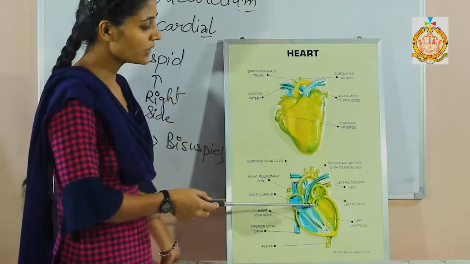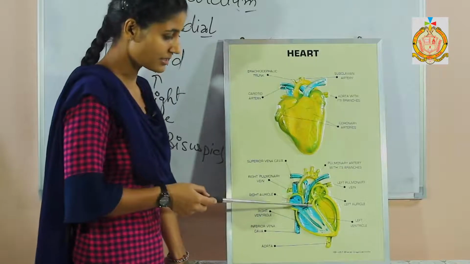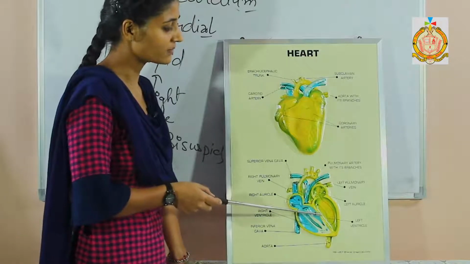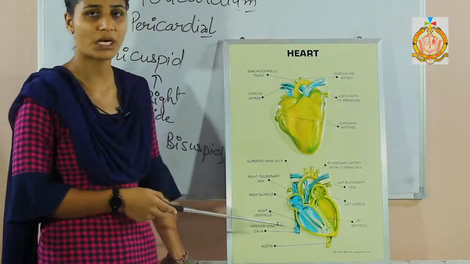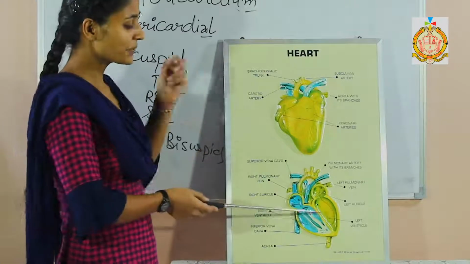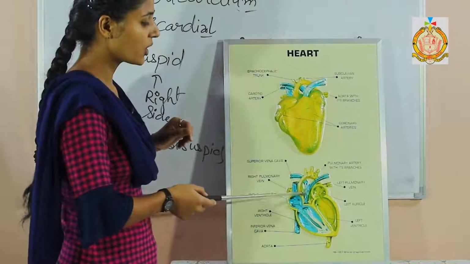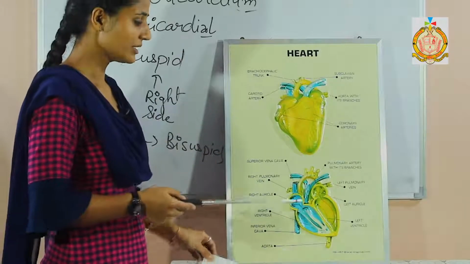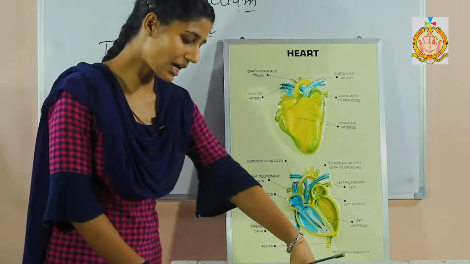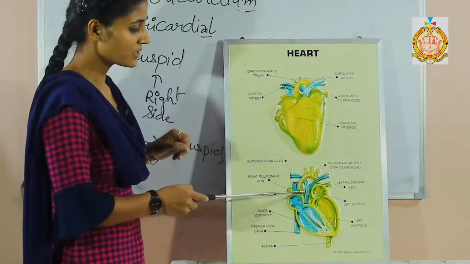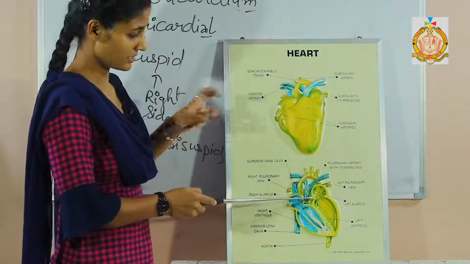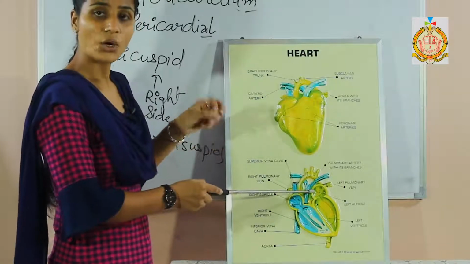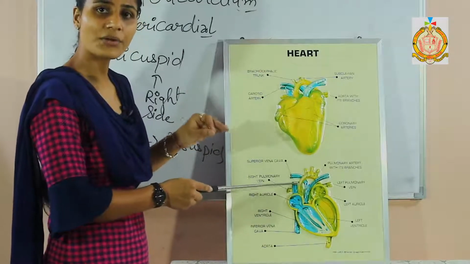As well, I told you that the valve that is present in the center of the heart that separates the heart into two parts is known as the septum. The septum that is present between the two auricles is known as the interatrial septum.